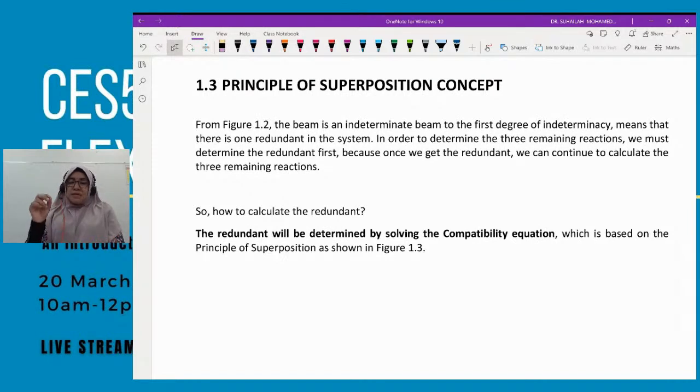We apply this principle not only for this topic. It is one of the famous concepts that we apply in structural engineering. Another topic that also applies this principle is the moment distribution method. The way of applying it is different, but it is still the principle of superposition.